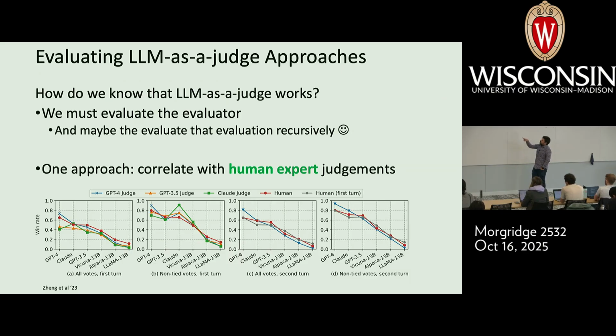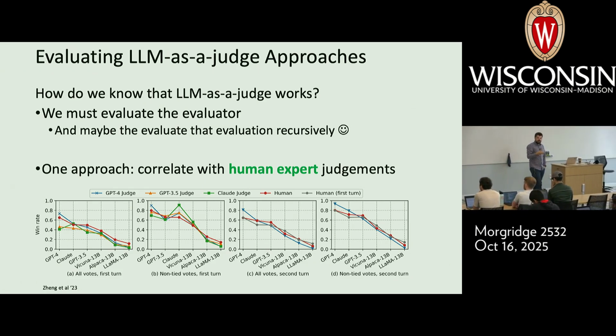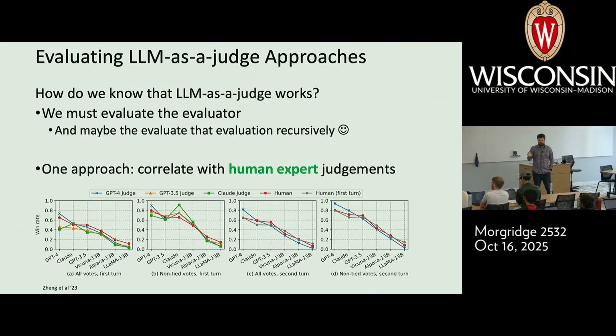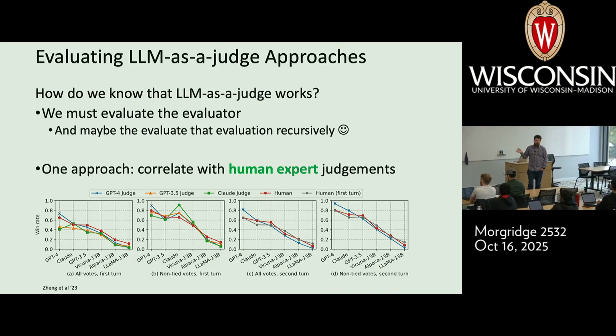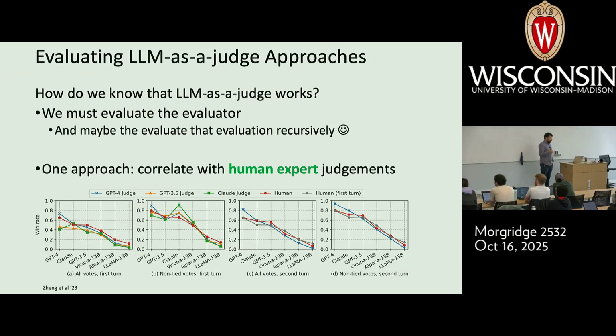We especially want the blue curve and the red curve to match up, which they mostly do, although it's not completely perfect. But this is typically what you'll have to do. If you introduce some new LLM-as-a-judge-based system, get 100 questions, query human experts, and prove to yourself that the judge is behaving like humans. If they are, then you have some degree of confidence that it'll do that for the rest of that data set. Okay, so this is the way you do this.